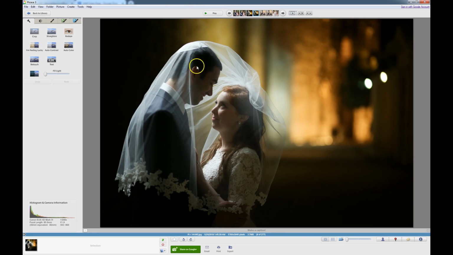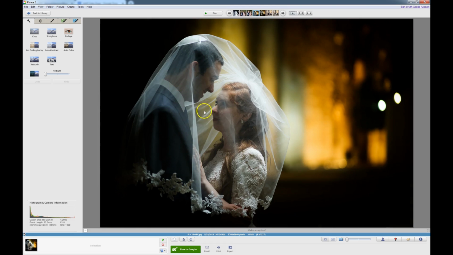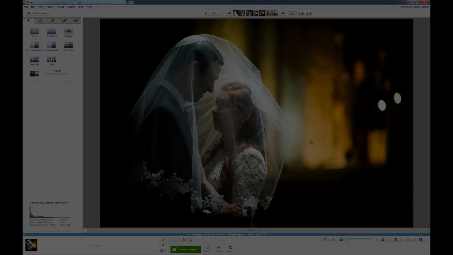And this image is now coming from the exact opposite side, from behind over here, with the flash coming in this way. So we've got this lovely Rembrandt light on the bride's face, and the groom is silhouetted, with light on the back of him. Just look at the difference between these two images. Different world.